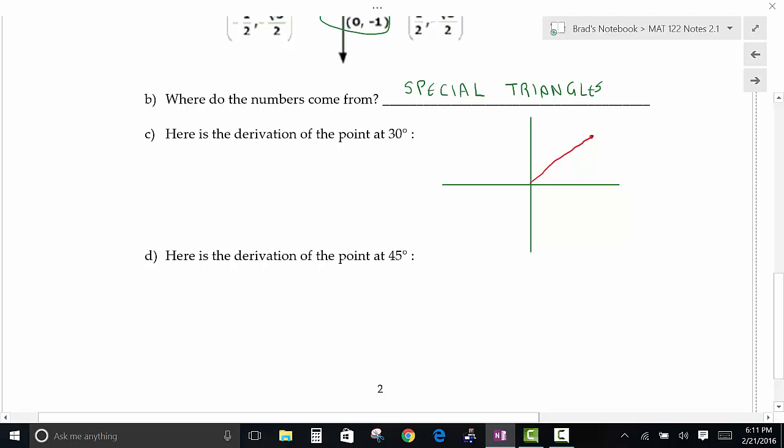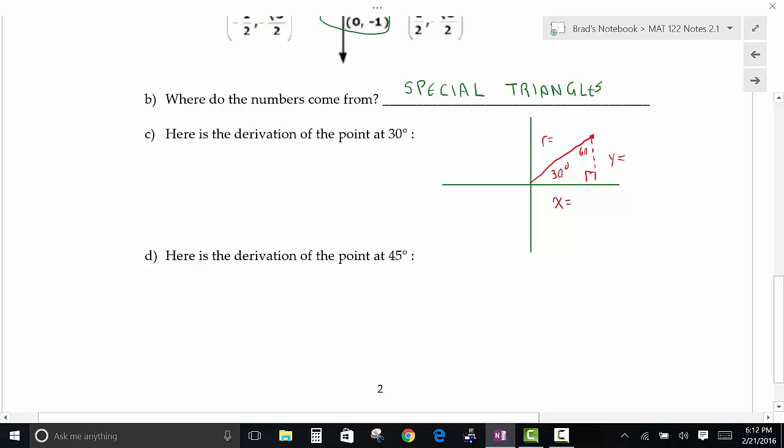This is not drawn to scale, but let's say that's a 30-degree angle right there. And let's make this into a right triangle. And what we would have is, of course, the x value, the y value, and the r value. So this is a 30-60 triangle that we've learned.